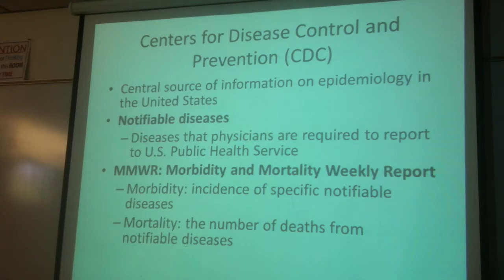They keep constant records of anything that the doctors have to report. We don't just want them to report it and nothing to happen. We have these weekly reports so we can keep track of all of these notifiable diseases. So we know how many instances we are dealing with, how often, how many people are dying, and what's going on with this.